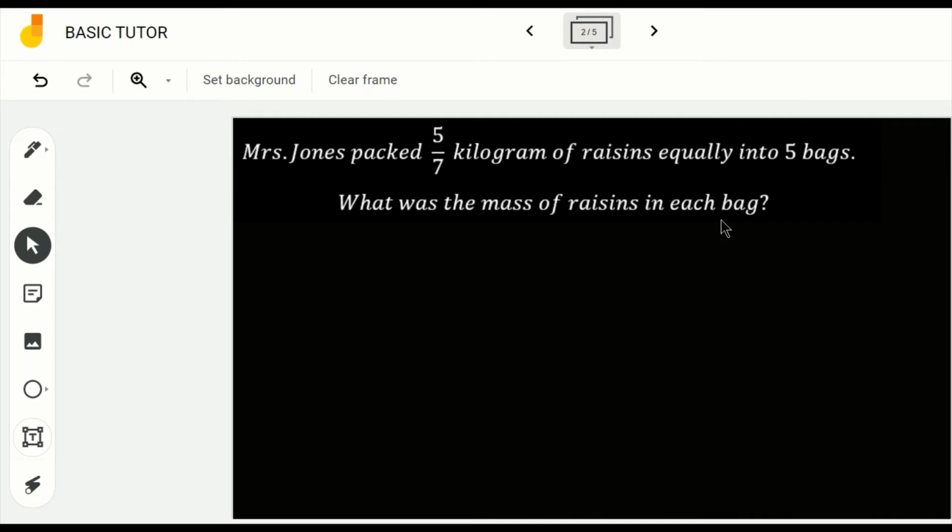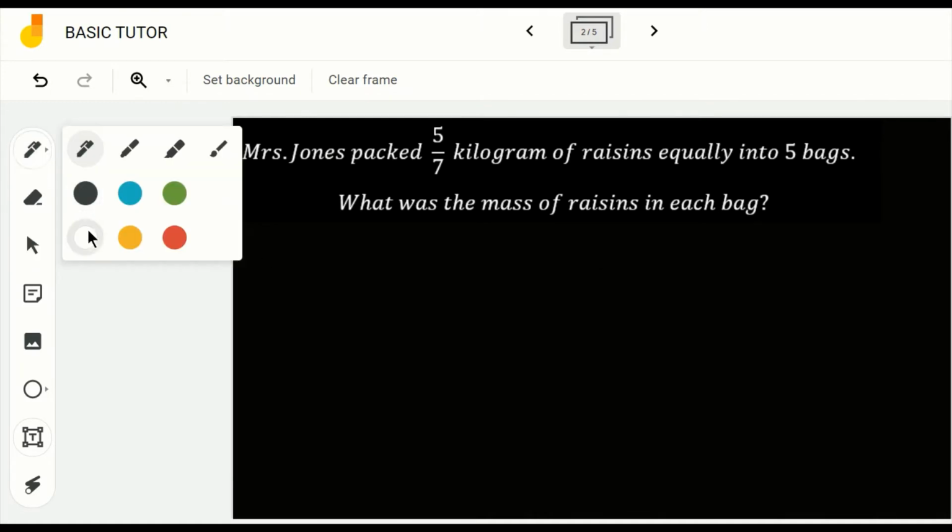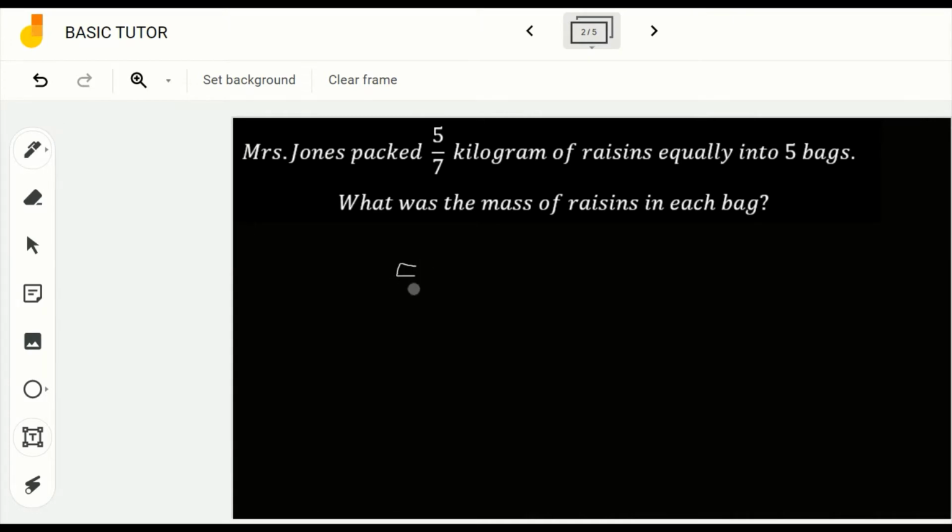So in this case, for us to find the mass of raisins in each bag, we have to divide 5/7 by 5. So it becomes 5/7 divided by 5.